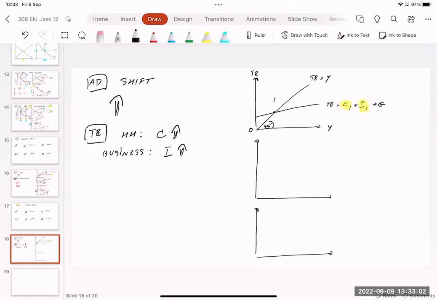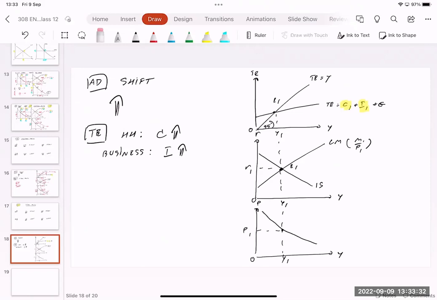I have the equilibrium point E1, Y1, link it down, Y1, O, Y, and R. I have the LM curve. I have the IS curve. I have equilibrium point 1. I have R1, link it down. This is P, O, and Y. I have Y1. I assume that P1 is here. Then I'm going to have the aggregate demand curve here. I have point A.